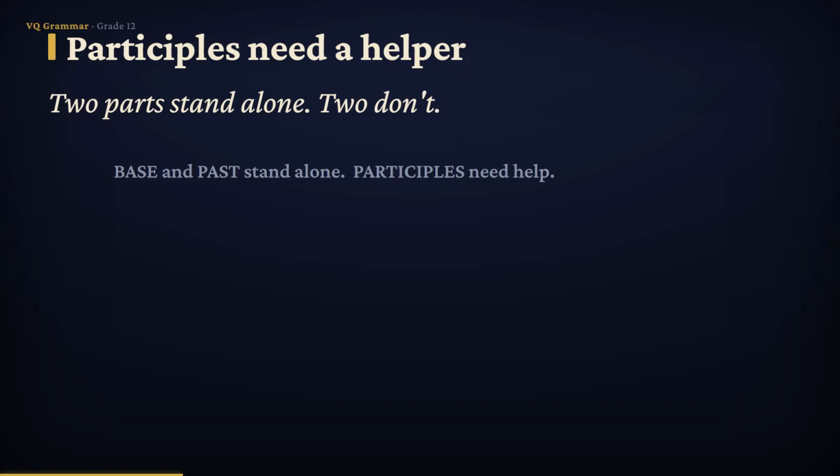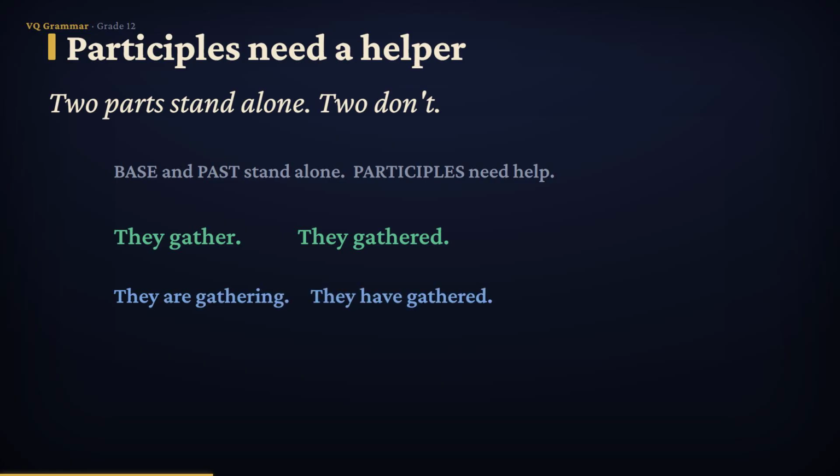Now, here's something people trip over constantly. 2 of the 4 parts can stand on their own in a sentence, and 2 of them simply cannot. The base and the past are independent. They gather the papers each Friday. That's the base form, working all by itself. They gathered the papers last Friday. That's the past, also standing on its own. But the participles? Those 2 always arrive with a helping verb attached.